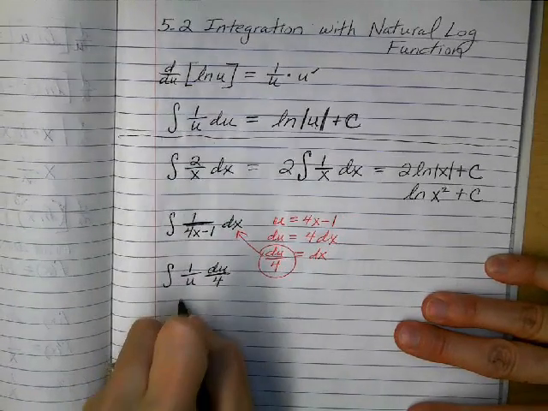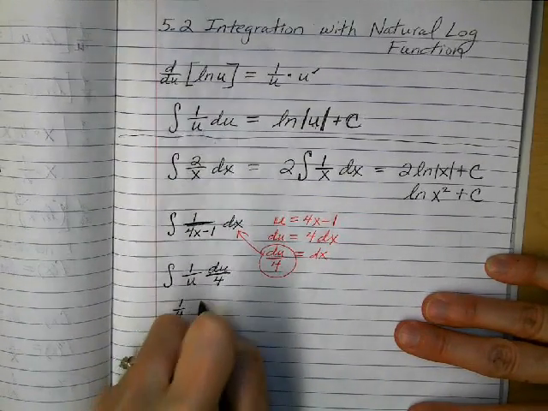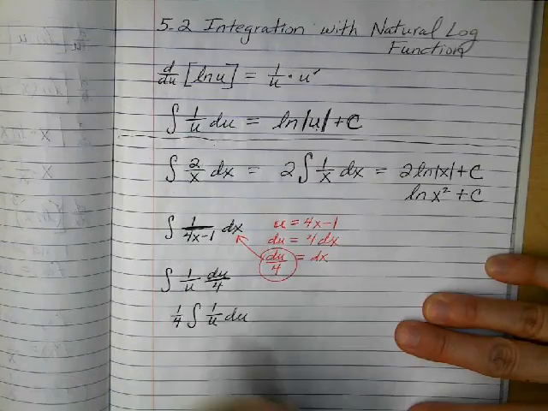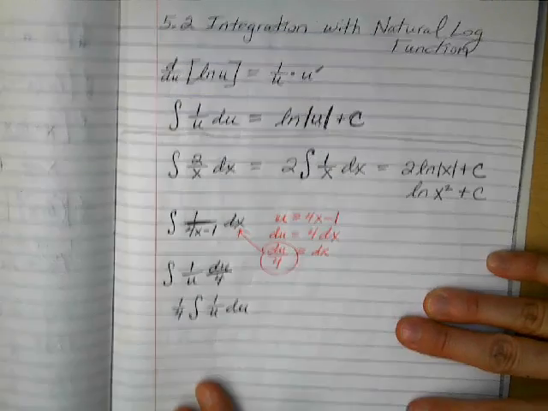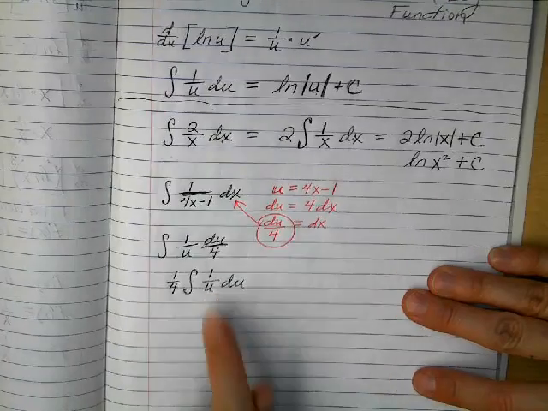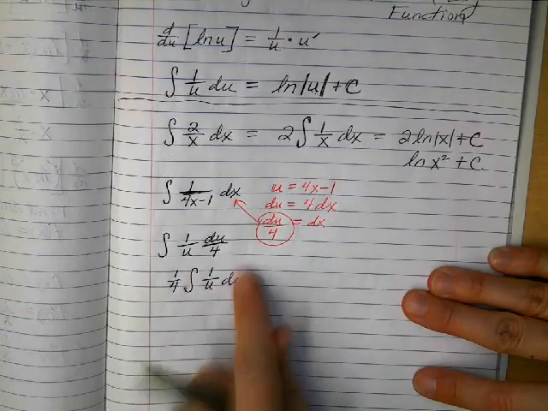You can put 1/4 in front of the integral and have 1 over u du. Now you could try to solve that. So now integrate it. How do you integrate 1 over u du?